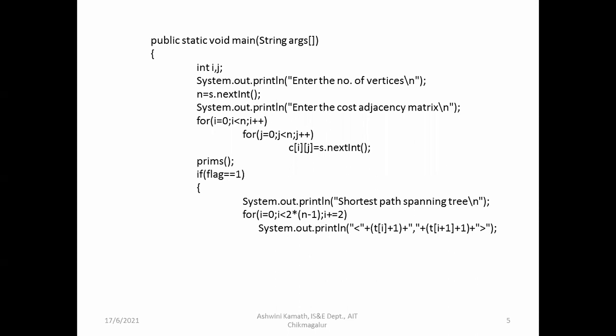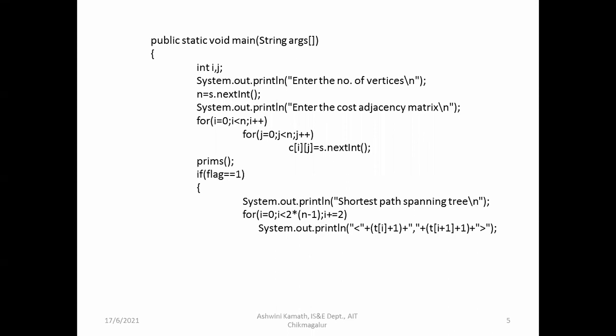And plus here is used to join the strings within the double quotes and the values. It will not perform the addition operation here, but it will combine them for displaying.